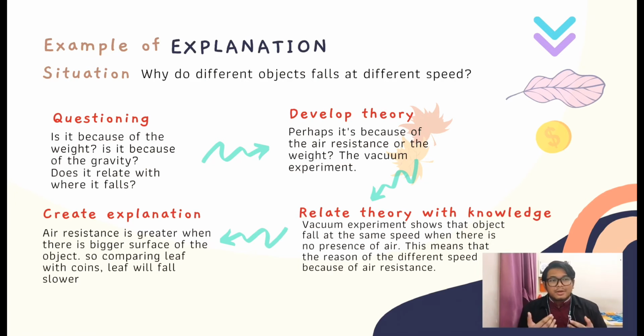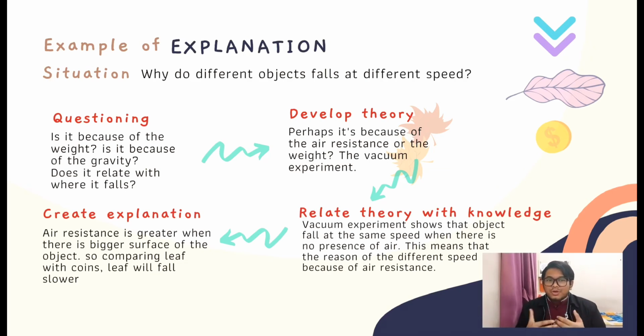Because we know that every object falls at the same speed because of the gravitational force. So in this concept, we are trying to use the air resistance theory. Next is to relate theory with knowledge. We know that there are experiments that involve this concept of objects falling but without any air resistance, which is the vacuum experiment.